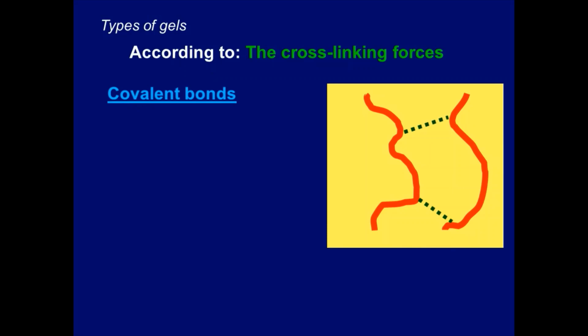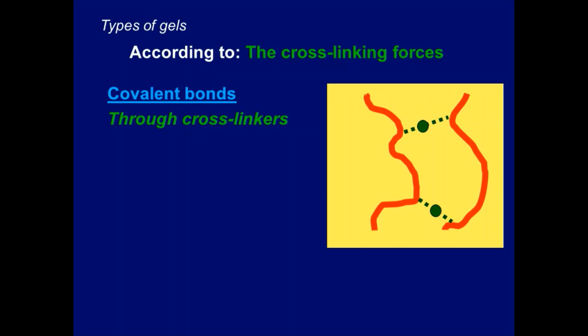In the type of gels that contain strong covalent bonds between molecules, as you see, these are the molecules of the polymers. There is a covalent bond between them. Actually, this covalent bond is not formed directly between the two molecules of the polymers.